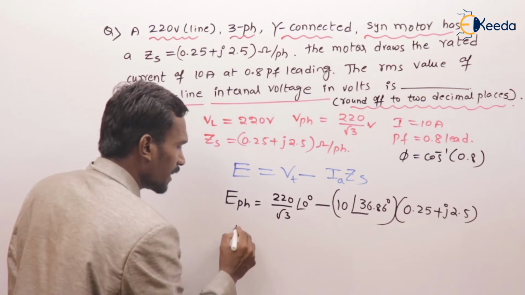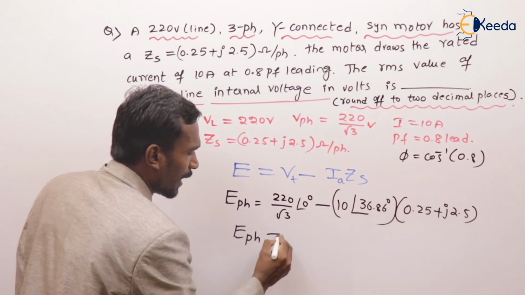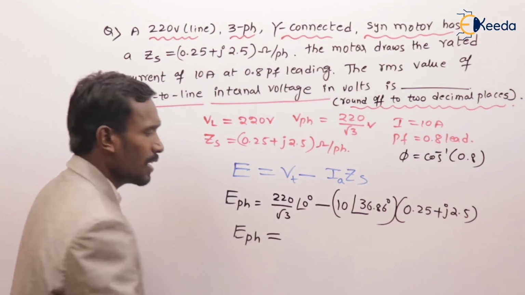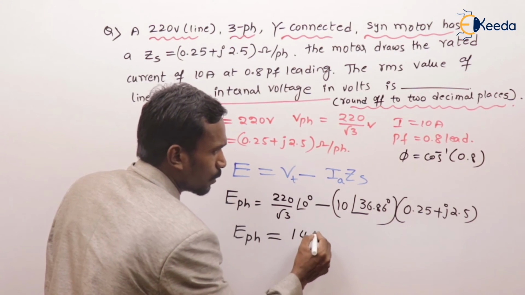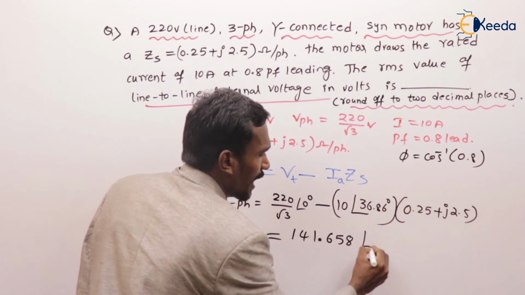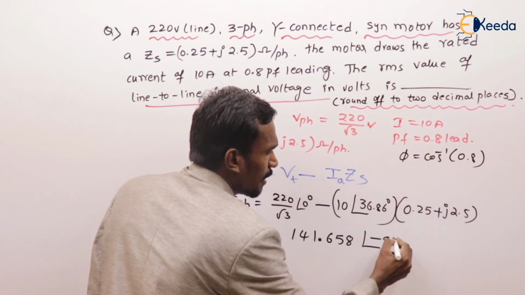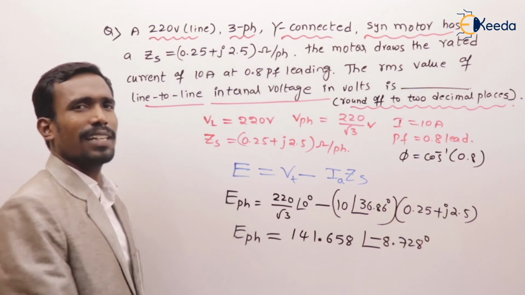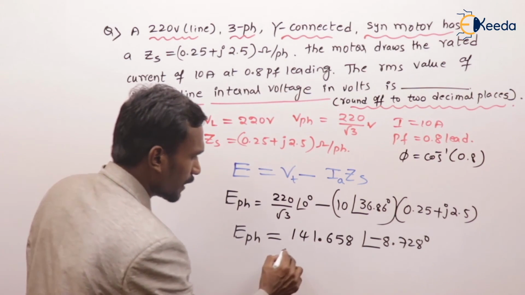If you solve this, the EMF phase value is 141.658 at an angle of minus 8.728 degrees.